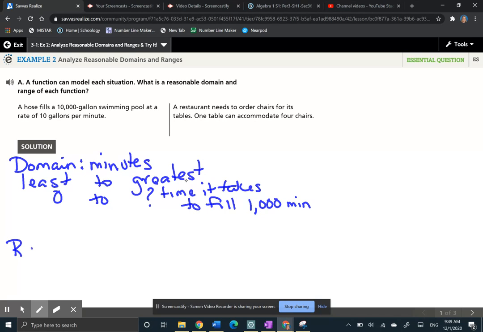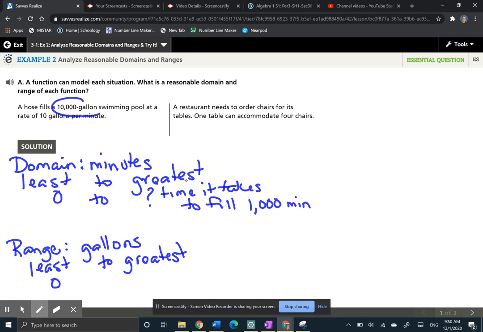Now your range is your gallons. And what is the least amount of gallons? The least amount of gallons is 0, to the greatest amount, which is 10,000 gallons. Okay, so this is just a thinking problem.